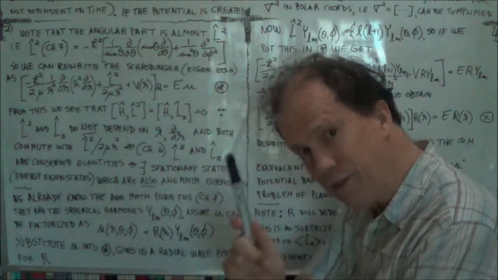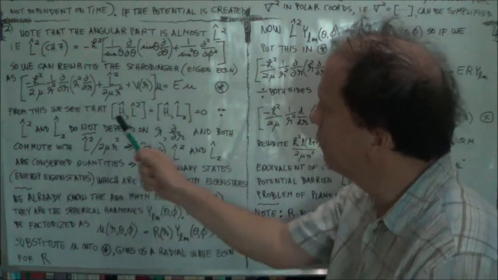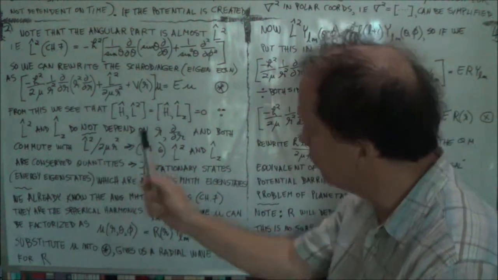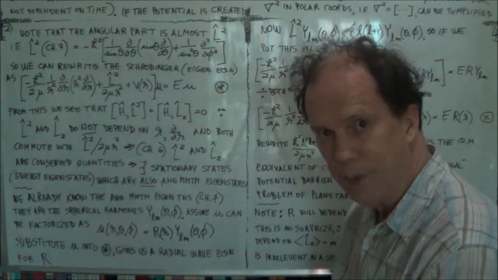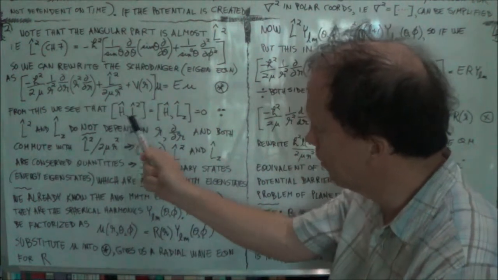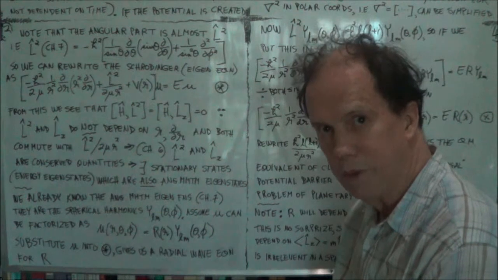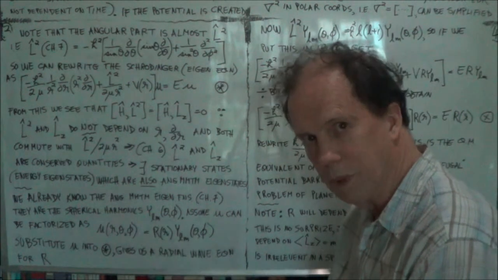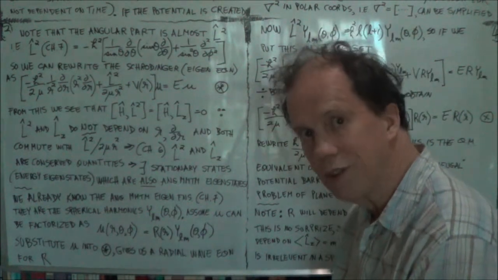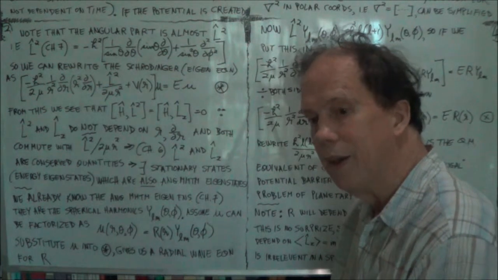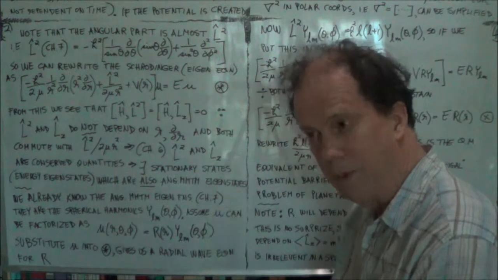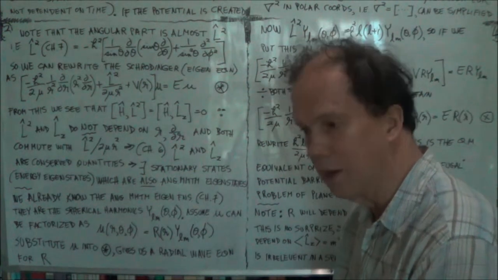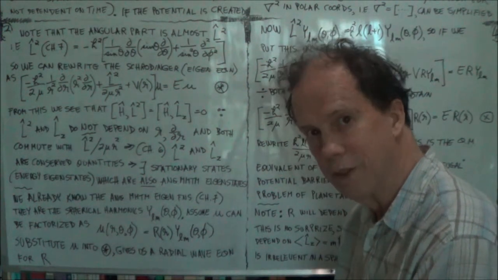And if that's the case, then the commutator of h hat and L hat squared is 0. In other words, these two operators commute. And remember from earlier theory, if two operators commute, they are compatible, and they have the same set of eigenfunctions, right?